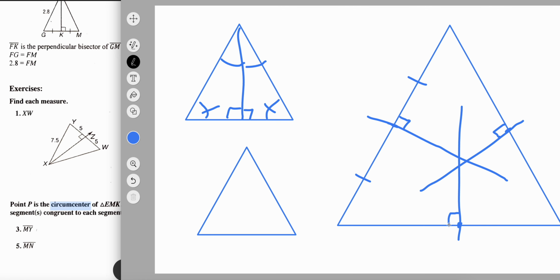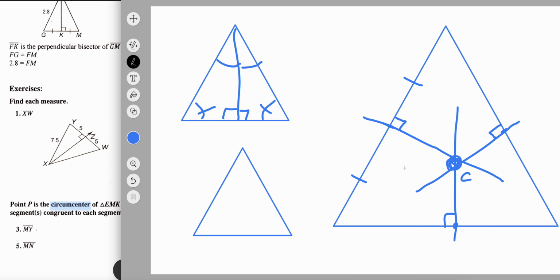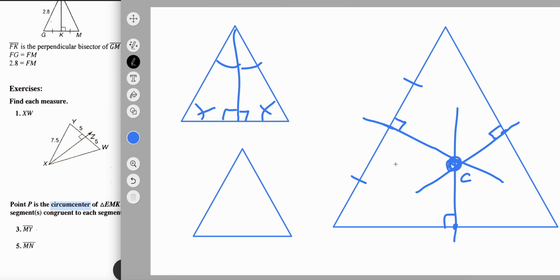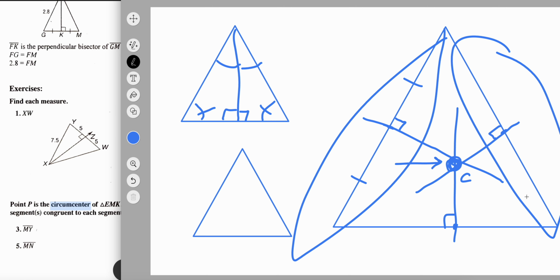Now, I didn't draw it exactly perfect, so the three lines don't meet. But let me just draw this point here and call it C for circumcenter. So that's how you find the circumcenter. It's the intersection of the three perpendicular bisectors of the sides of the triangle.